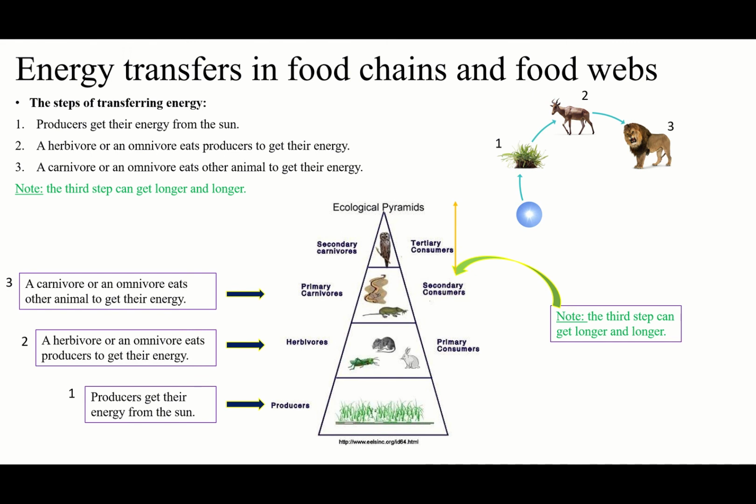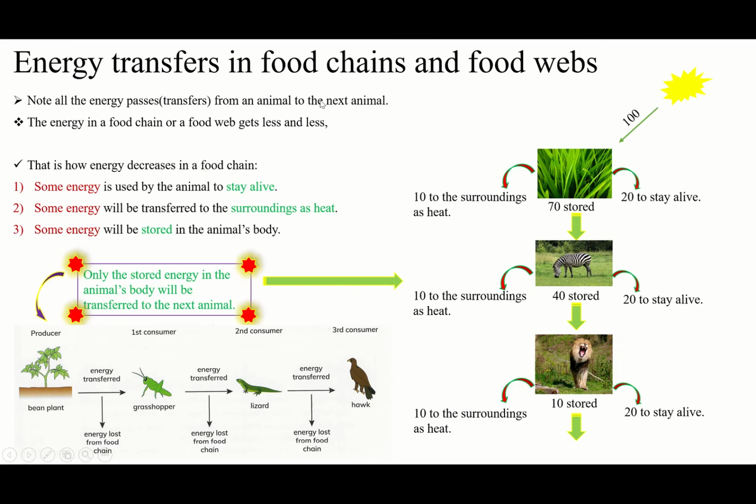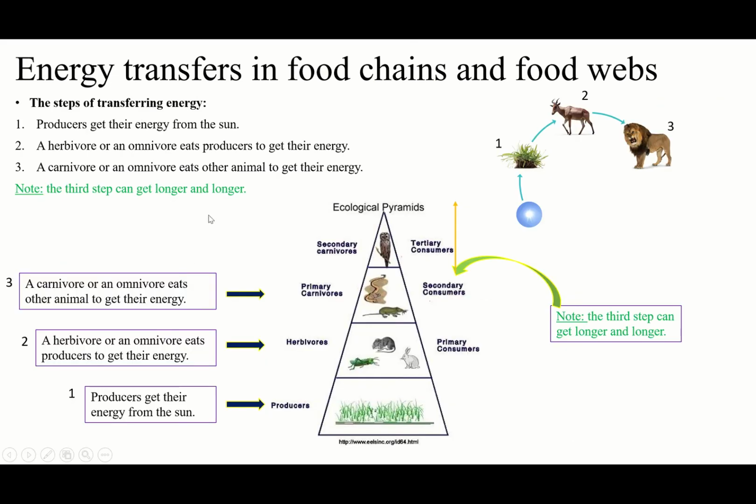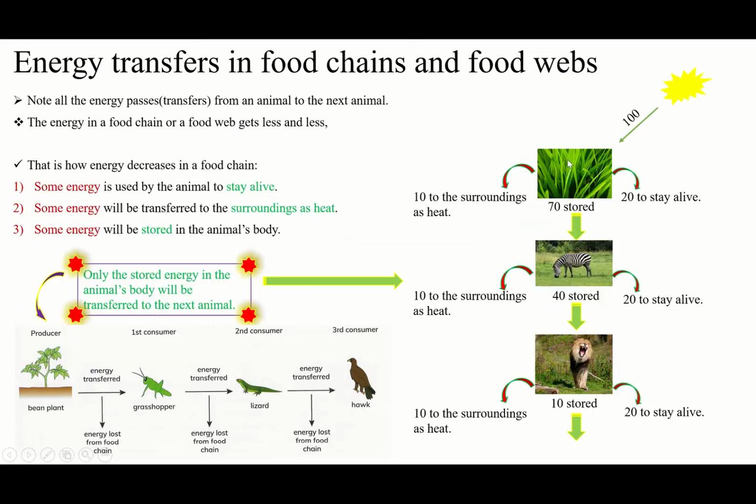So these are it. And guys, energy transfers in food chain and food web again. But you have to know that energy transfer, we said in the previous step, energy will transfer from this to this, right? But not all the energy passes or transfers from an animal to the next animal. So what has happened to the energy?